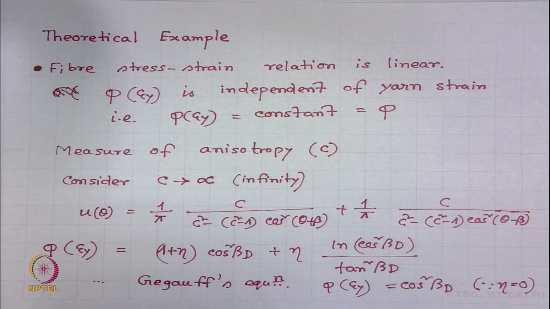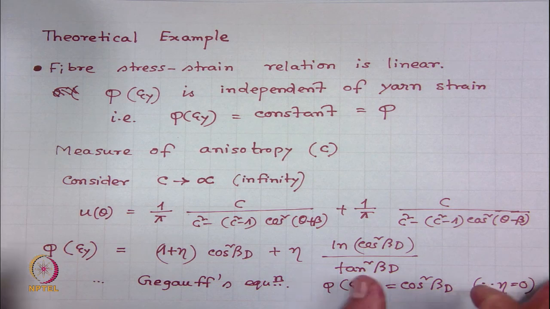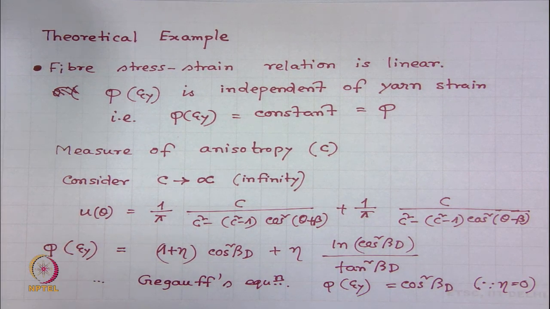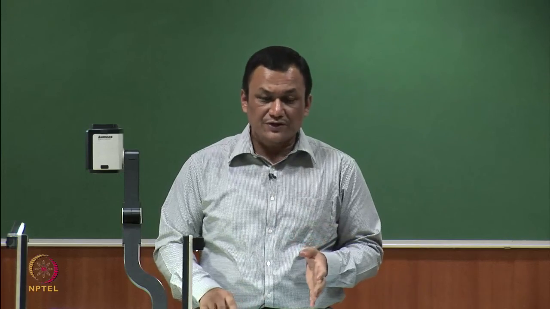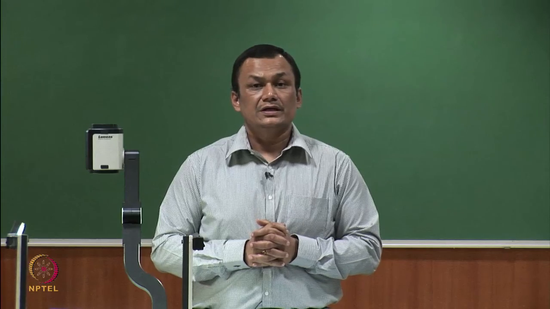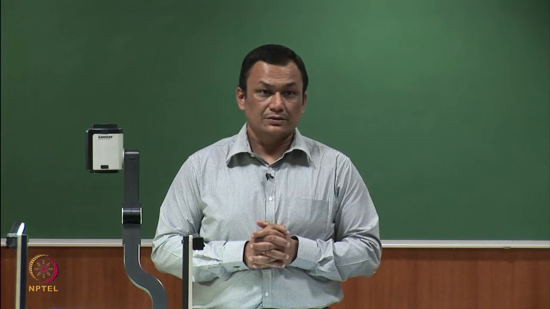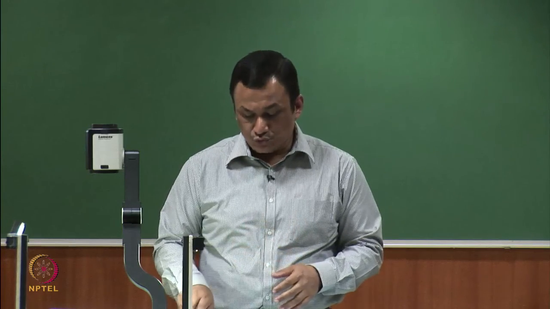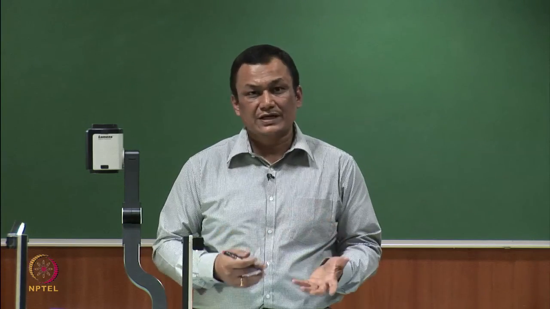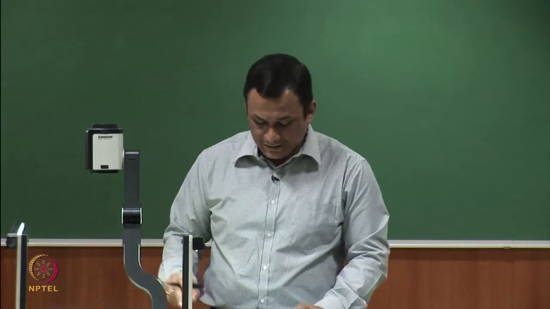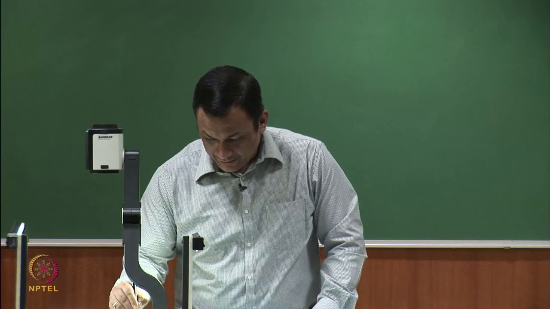Now, what will be if C is equal to 1? What is the meaning of C is equal to 1? Can you recapitulate from theory of fiber orientation? C is equal to 1 means isotropic distribution of fibers in yarn, which is of course not true. However, just for taking theoretical example, we can consider what will happen if C is equal to 1.